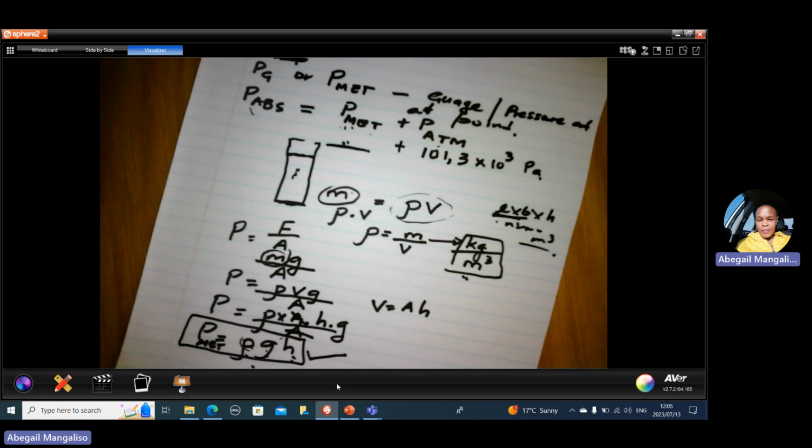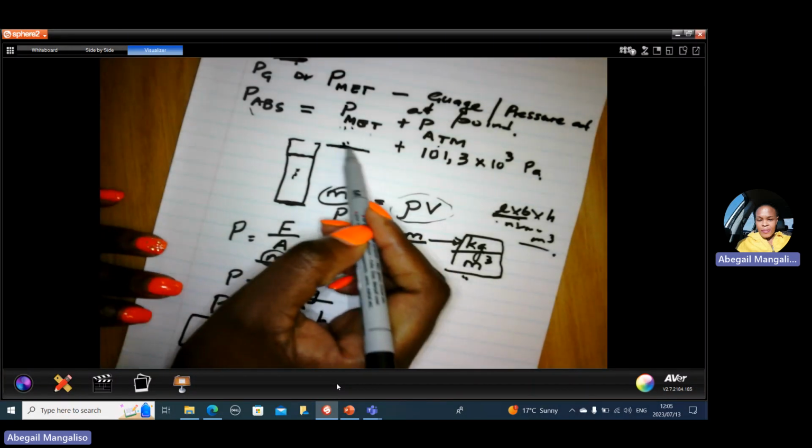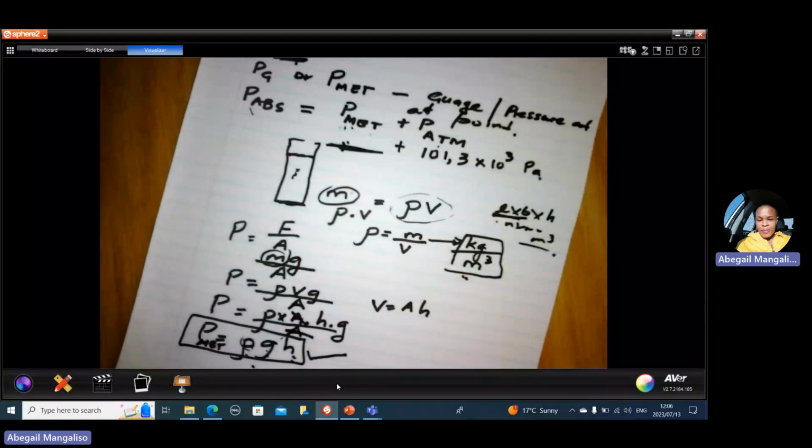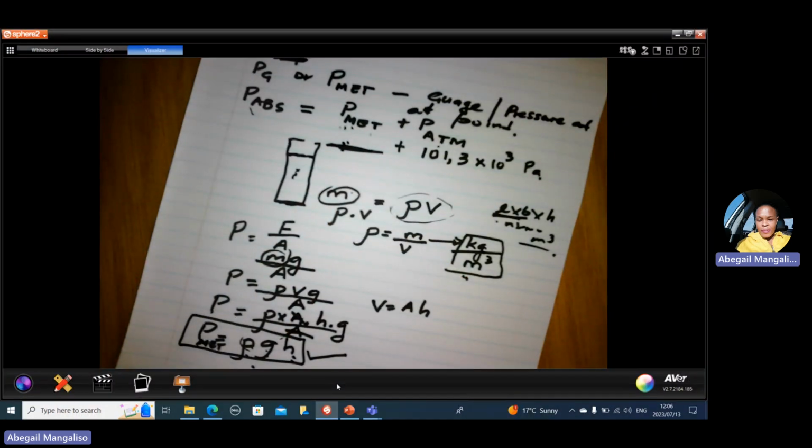You must get rid of the prefix on that atmospheric pressure. So you always change it to pascals, unless a question says calculate the total pressure in kilopascals. In that case, you need to change the gauge pressure to kilopascals so that you add a kilo and a kilo.